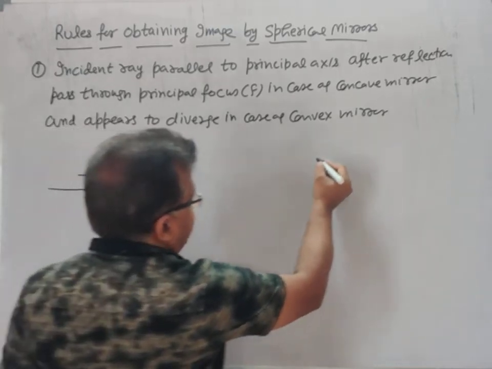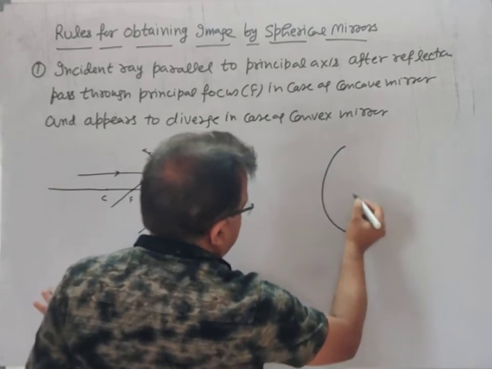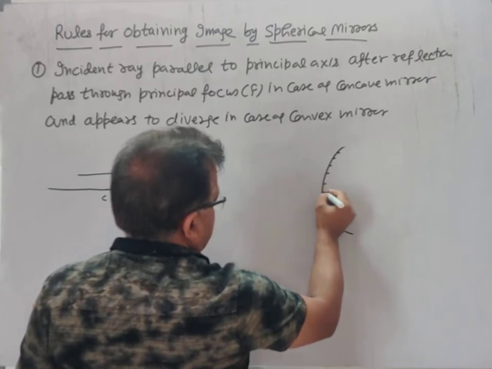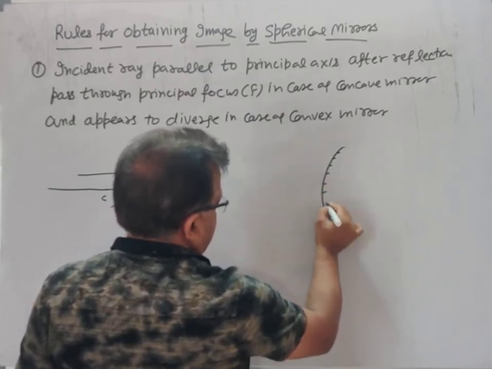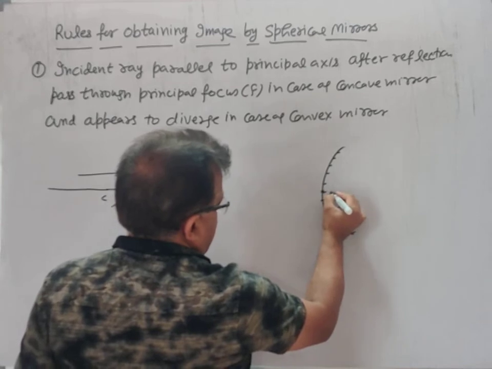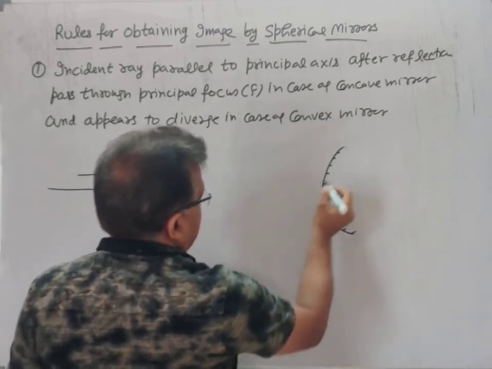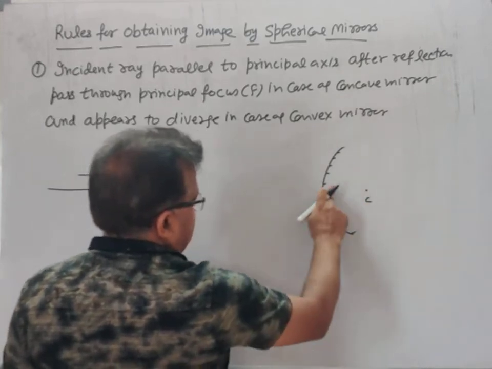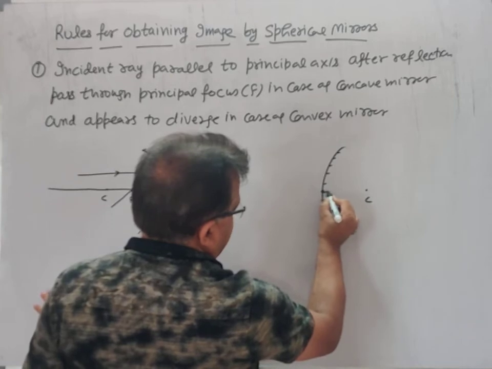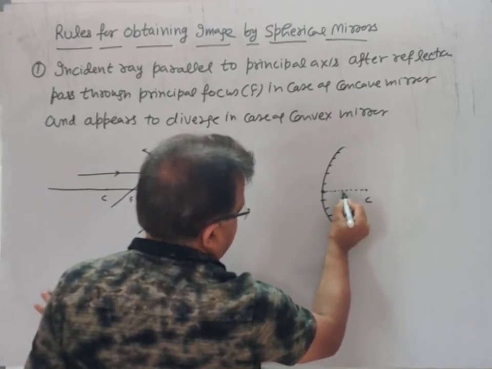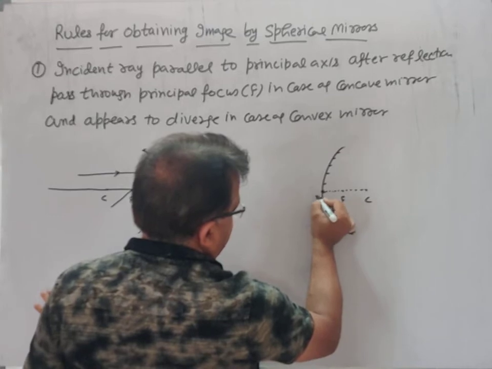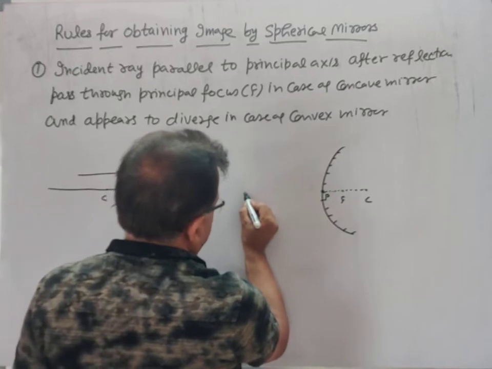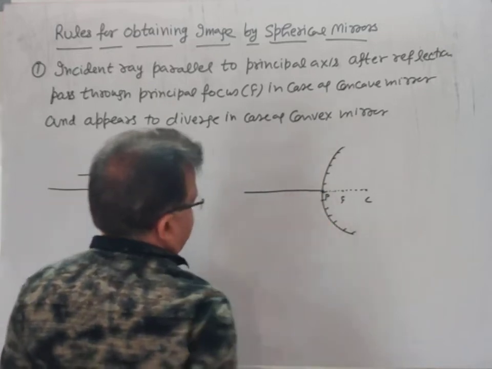In case of convex mirror, it is pole, and here it is C, center of curvature approximately, and in middle there is F. Now it is principal axis.